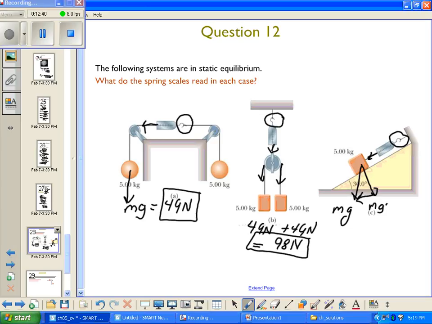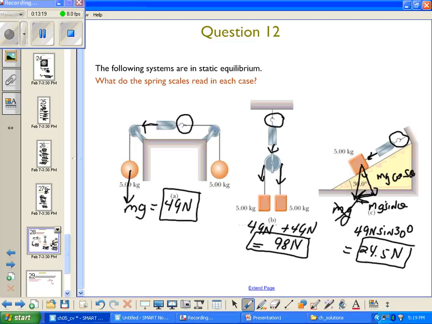So we have mg sine theta here, mg cosine theta here. We don't care about this mg. This is a 30-degree angle, and you can see that the component which is pulling on the spring scale is in fact only the component which is parallel to the incline. Mg sine theta is 49 newtons times the sine of 30 degrees, and that gives us 24.5 newtons, which is what the scale registers.